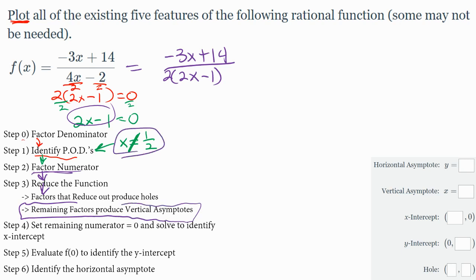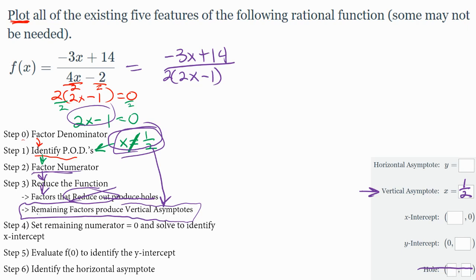So this x equals 1/2 is defined as a vertical asymptote. We had nothing reduce out, so we have no hole on this function. So over here on my 5 key details, I'm not going to have a hole this time, but I do have a vertical asymptote, and that is when we're at this 1/2. Because x can't be 1/2, that is defined now to be my vertical asymptote. So keeping track of that over on the bottom right-hand corner of the screen.